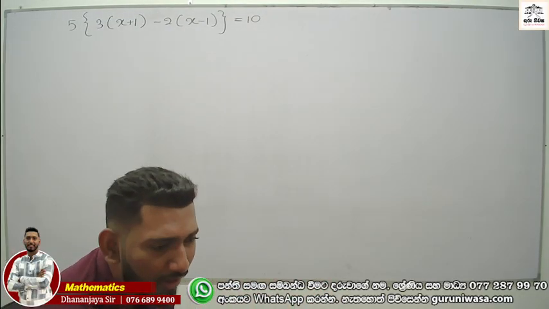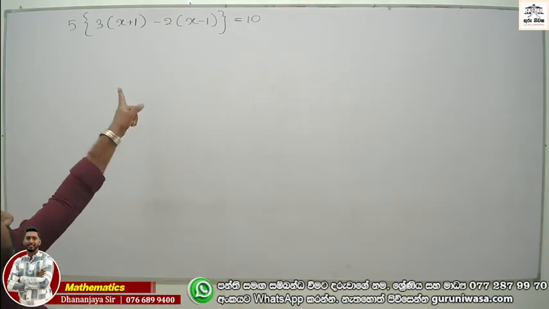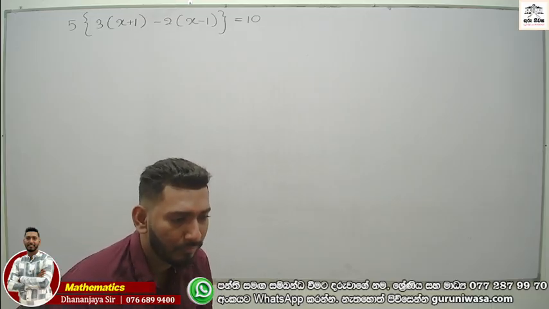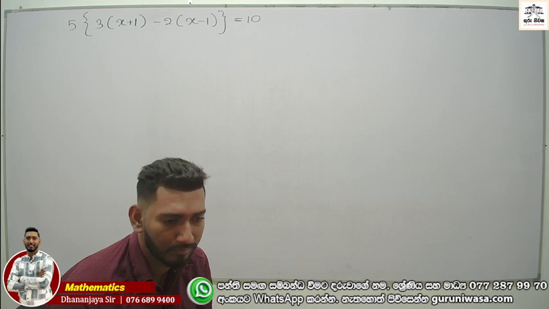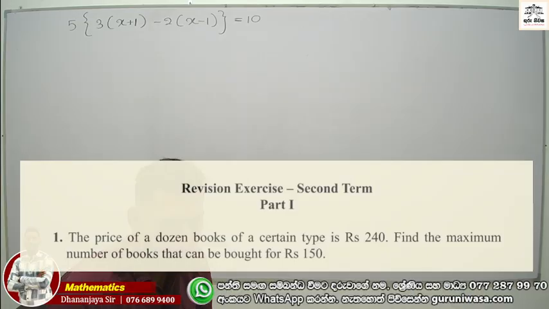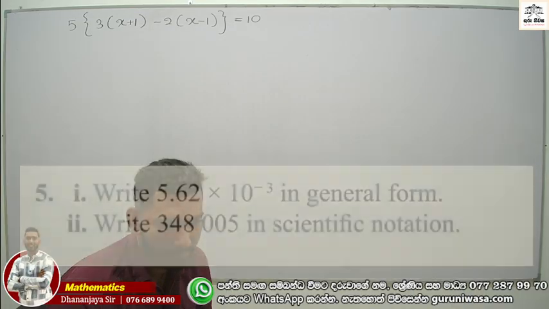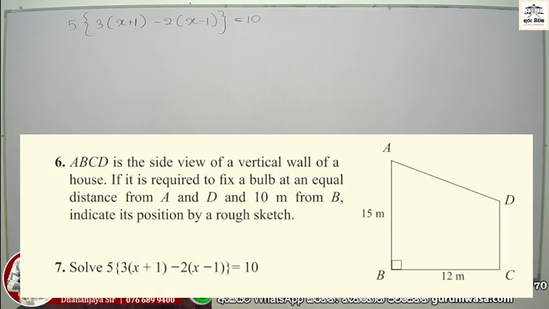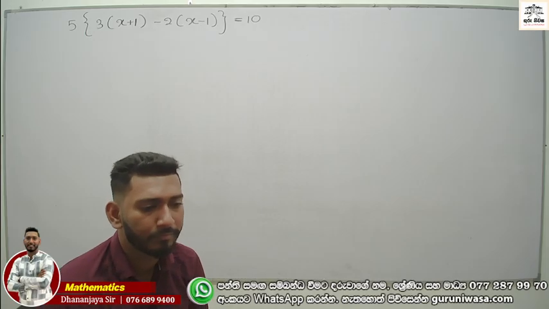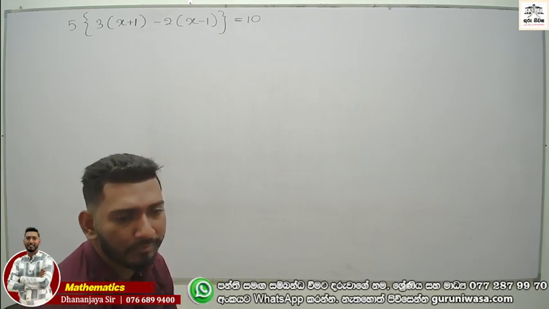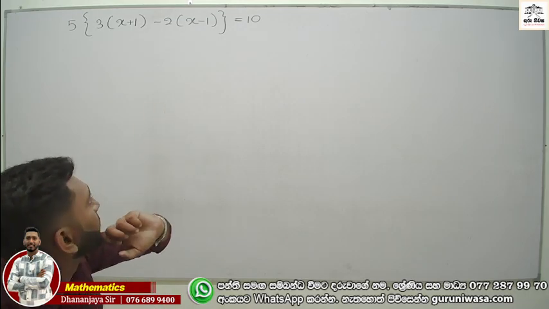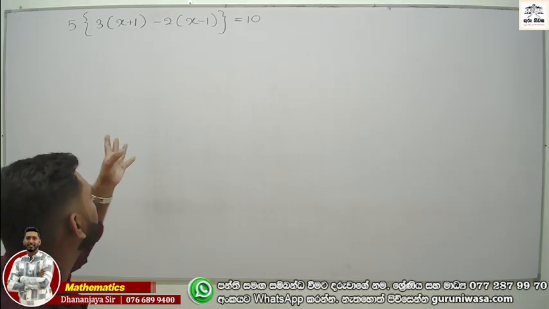Send me the answers for x. This is a simple linear equation. We did it, right? With simultaneous equations, and this was a primary thing.